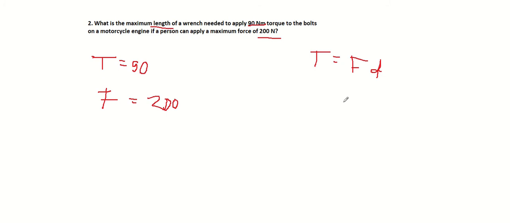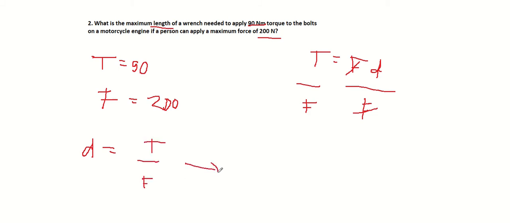Para makuha natin yung distance, mag-derive tayong formula. Para matira na lang yung d, divide natin both sides by F, magka-cancel na to. Formula natin for distance is d equals T over F, o yung torque over force.